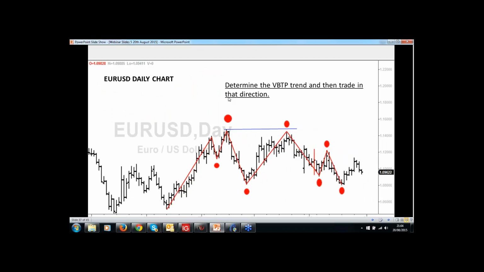Now, again, what I've done here, the Euro US dollar chart, again, what have I done? I've highlighted in the red dots the vertical bar trading pattern highs and lows. And remember what we're trying to do, we're trading with the trend. So if you see a trend, it always gives you price action objectives if you're trading with the vertical bar trading pattern trend.